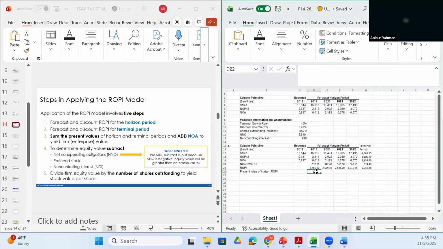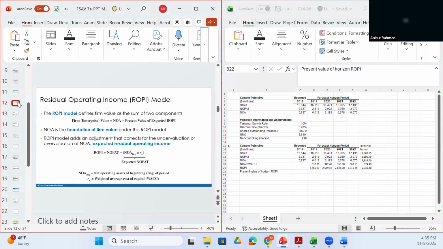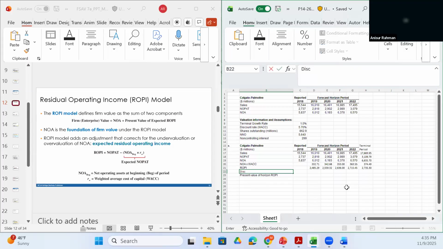Now to calculate the present value of horizon ROPI, we have to multiply by the discount factor. So we need to calculate the discount factor first. So the discount factor is 1 over, open parenthesis, 1 plus this discount rate, and I'm going to lock this and close.